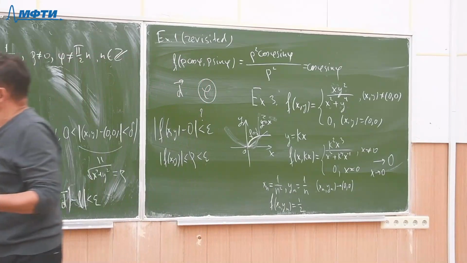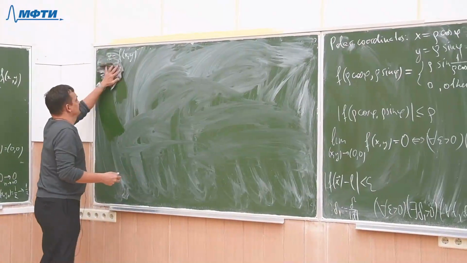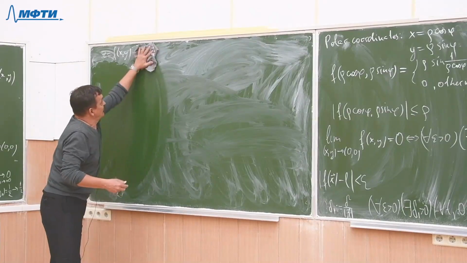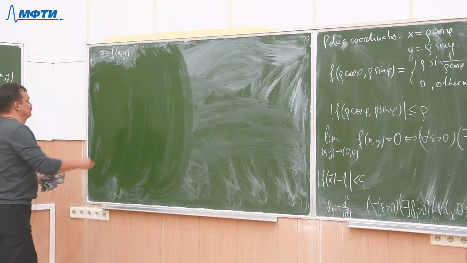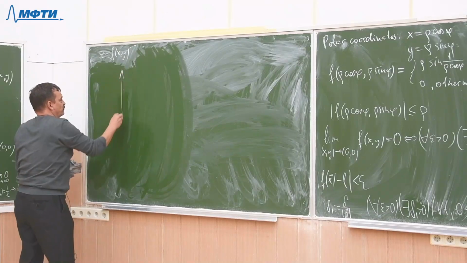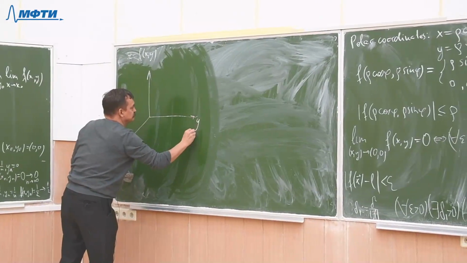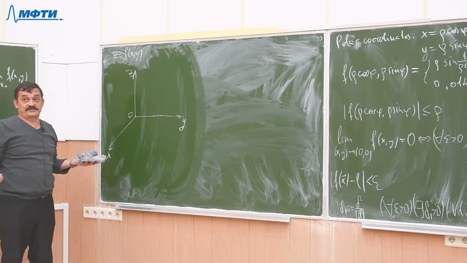So look, usually when we are talking about a function of two variables, then we can represent its graph. The graph of that function can be represented as a surface, right?